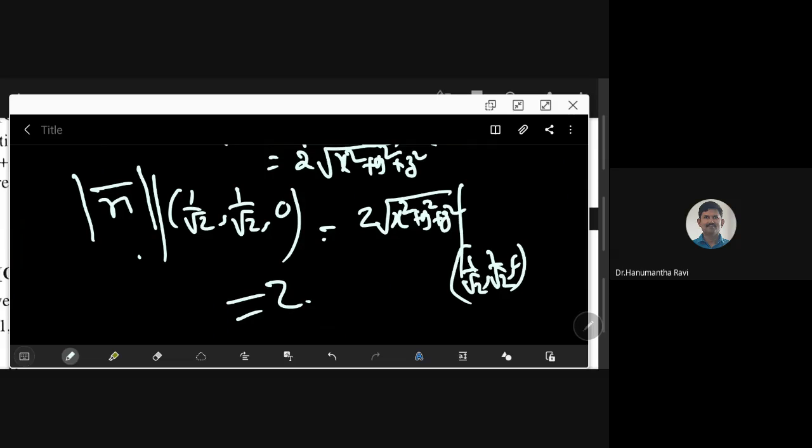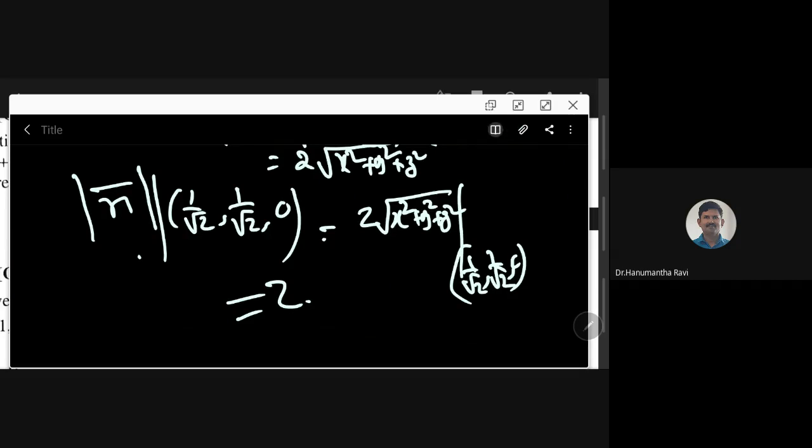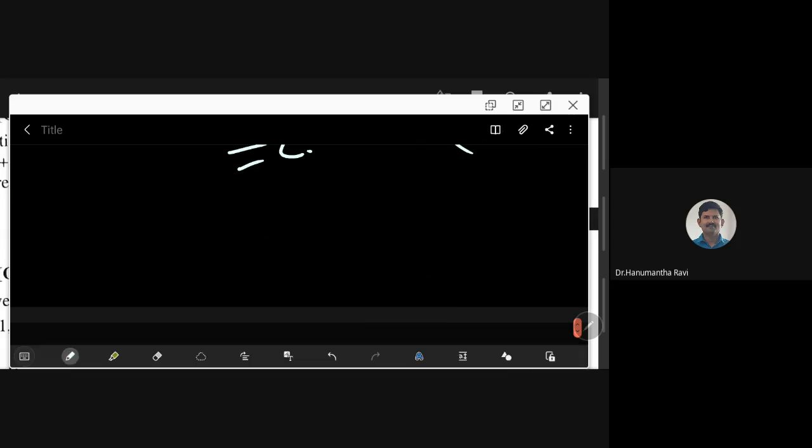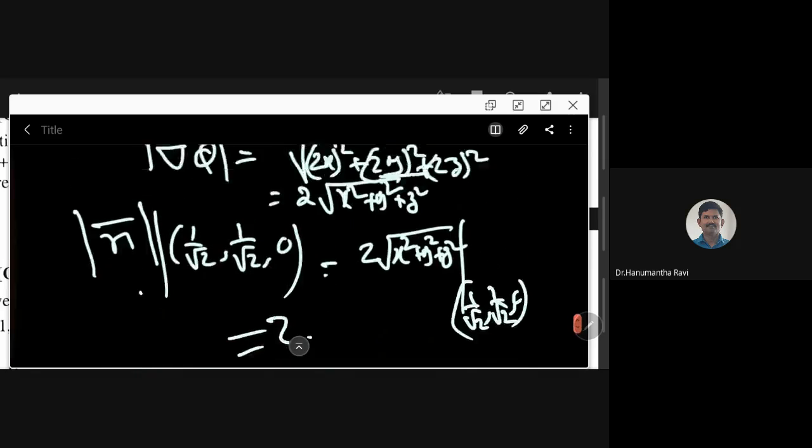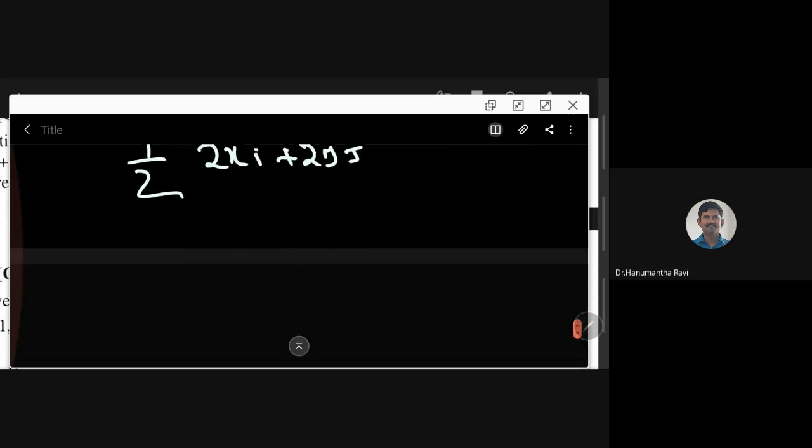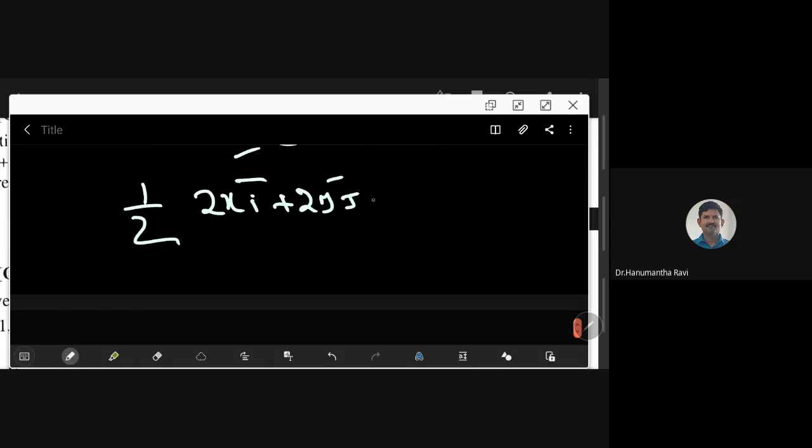So the unit normal vector now is 1 by 2 grad phi. What is grad phi? It is 2x a bar plus the other components, evaluated at 1 by root 2, 1 by root 2, 0.